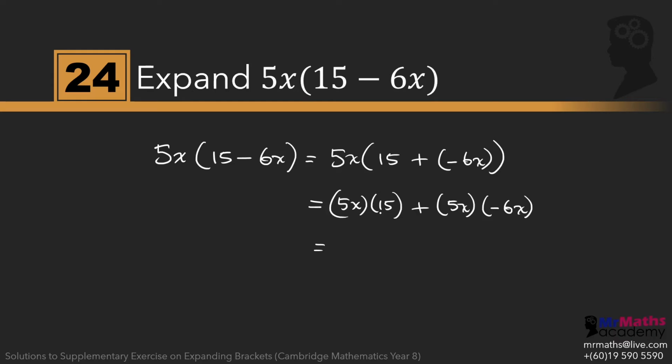So 5 times 15, that is 75. 75x plus, we have 2 terms, one is positive, another one is negative, so that becomes negative 30x squared. So that is 75x and plus meeting a minus, so it becomes minus 30x squared.